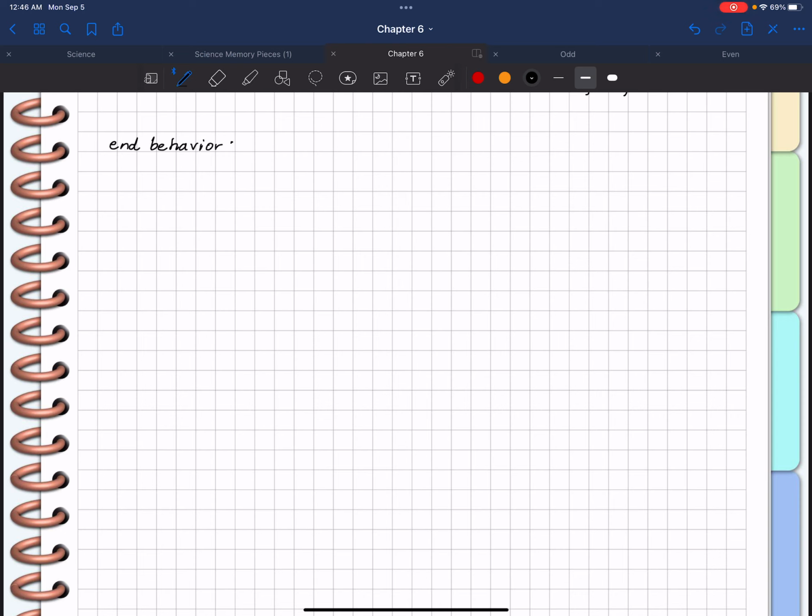So the definition of end behavior, it describes a graph as it extends in either direction away from 0.